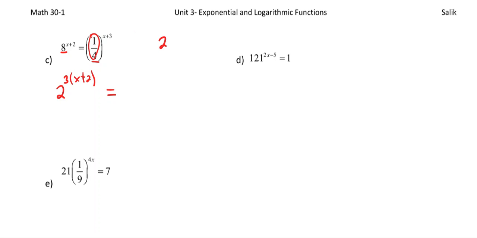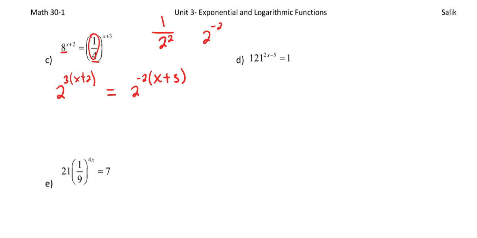Negative 2. You guys see that? So you could say that would be 1 over 2 squared, but then that would also be the same thing as 2 to the power of negative 2, right? So I'm going to rewrite this as 2 to the power of negative 2 times x plus 3. And then that's the new thing.